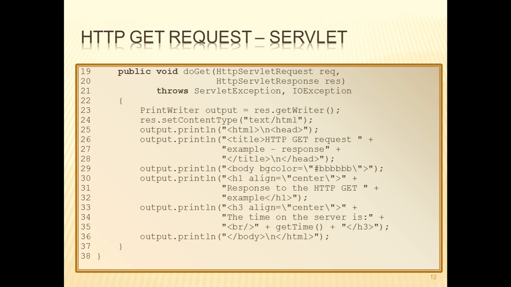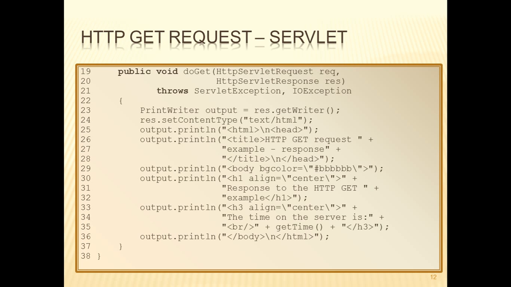Because the web browser is going to be operating on HTML, we're going to send it some information. For example, the result object .setContentType allows us then to say this is HTML in the form of text. And then we need to send it some text.